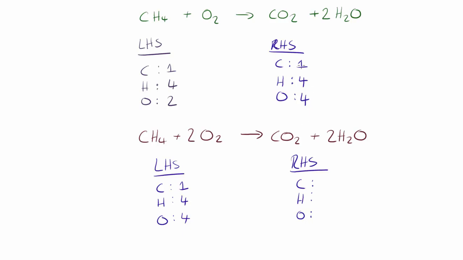So this would more or less be the same thing. So it'd still be 1, 4, 4, okay? And if we now compare the left-hand side with the right-hand side, what do we find? Well, what we find is that the number of atoms of each element matches between the left-hand side and the right-hand side. So because of that, we know that now it's balanced, right?